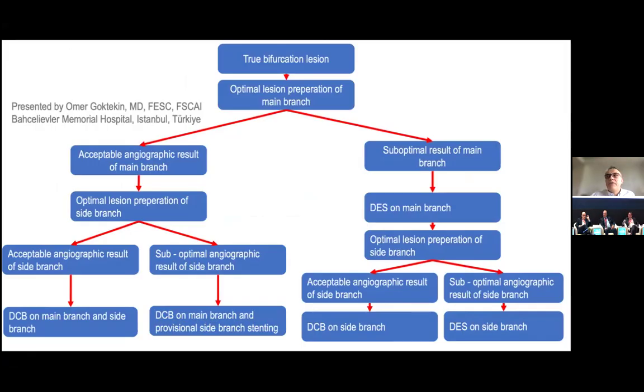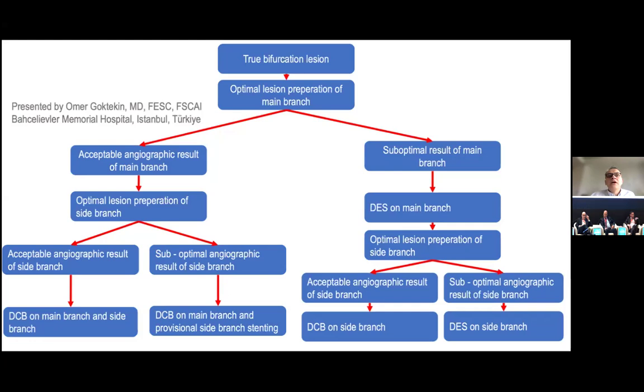Anyway, so I suggest this in my clinical practice because this is very important. I have a bifurcation lesion and I want to treat with DCB only. In that case, we do optimal lesion preparation of the main branch first. This is very important. We have to make sure we could treat the main branch with DCB. If we put a stent in the main branch, we never touch the side branch before.